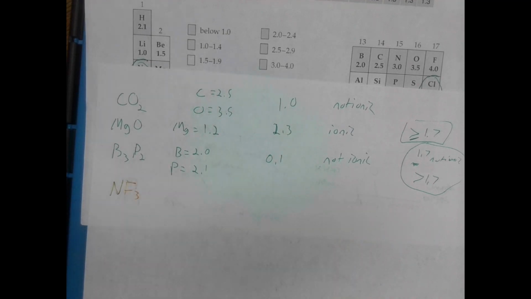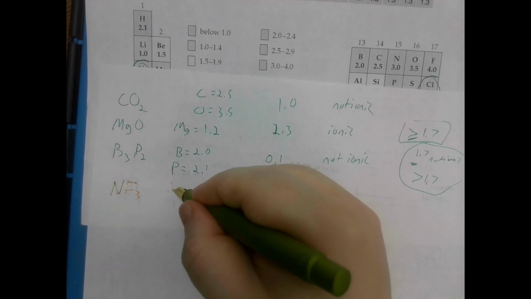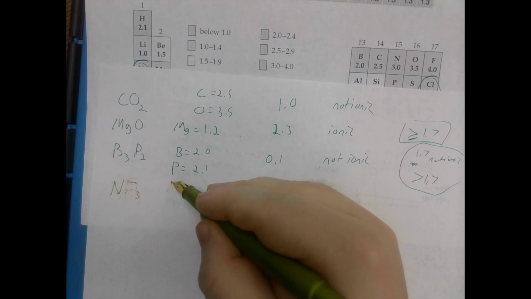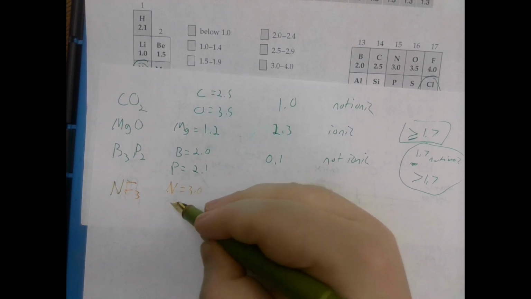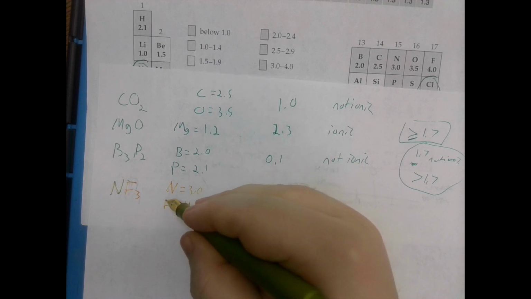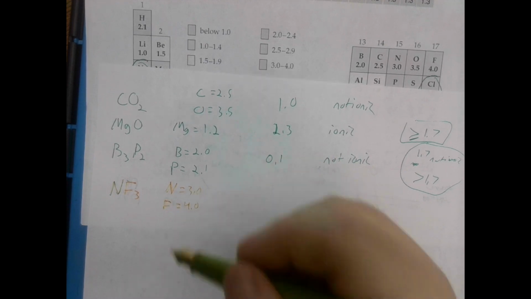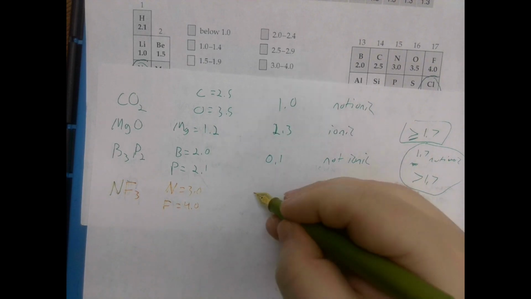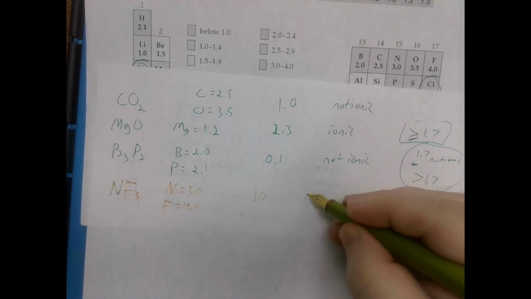Not ionic. So N is 3.0. Fluorine is 4.0. Fluorine is the highest. Fluorine is the most electronegative element. The difference is 1.0, not ionic.